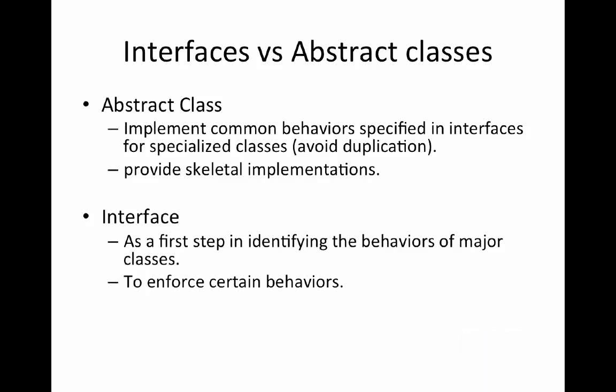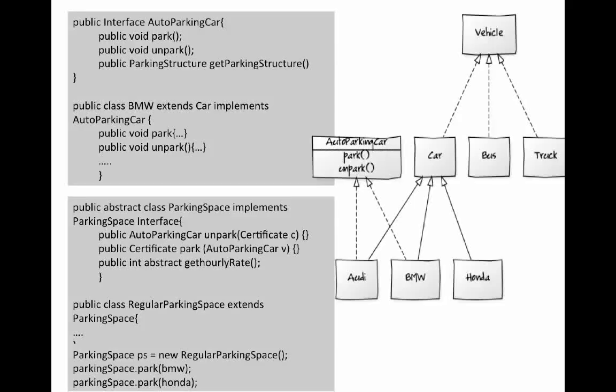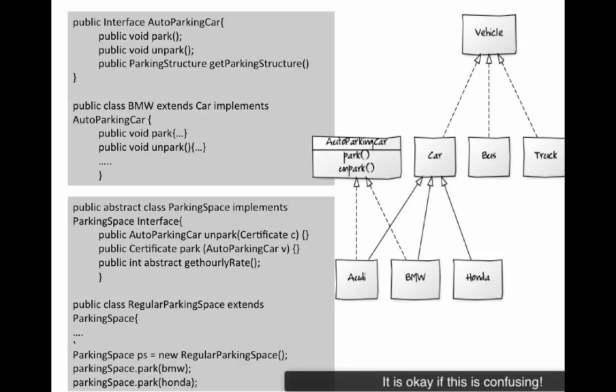For example, if I only want to work with cars which have an auto parking feature, I could use an interface to enforce this. For example, in my garage, I only want cars which have an auto parking feature. This basically means that any car that wants to park in my garage should have the ability to park and unpark on its own. So I defined this interface called auto parking car, which should have the park and unpark method.